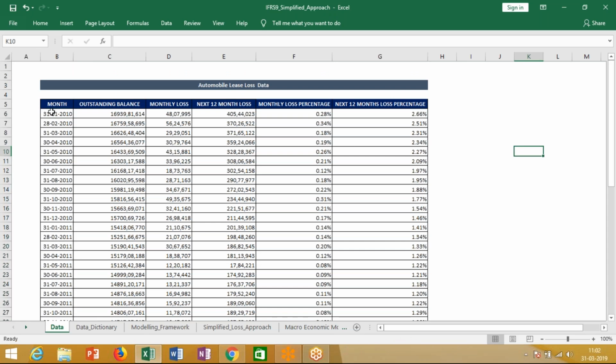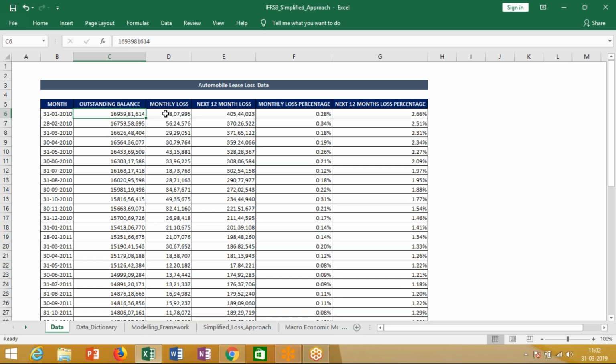This data talks about the total exposure which is outstanding, and the monthly loss that they have incurred from the respective balances, right? The loss that this firm would incur from this balance will not only be this loss.